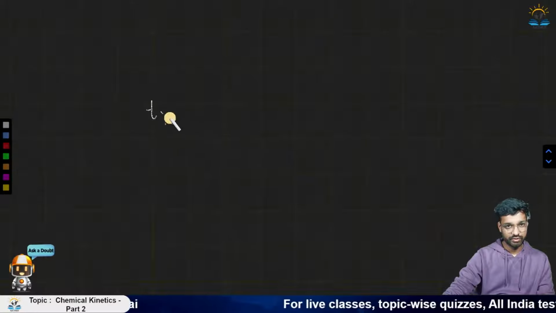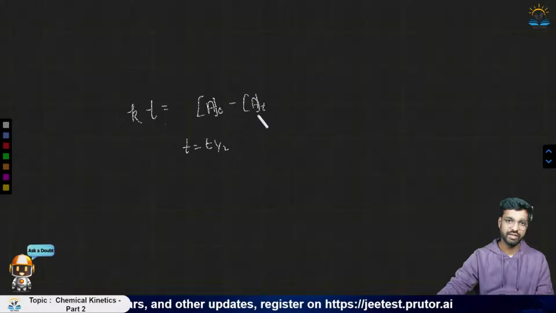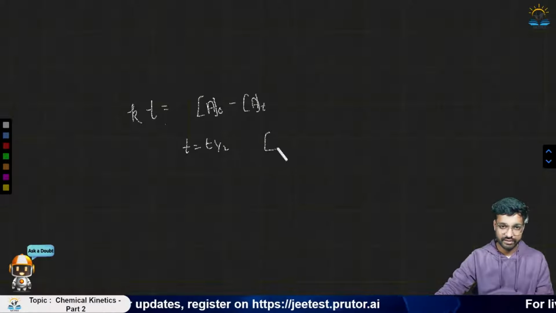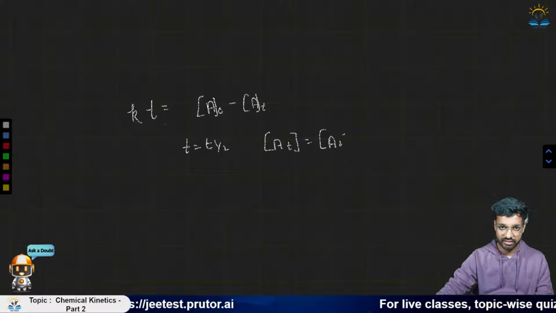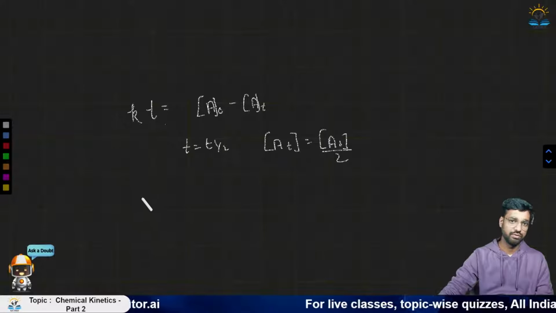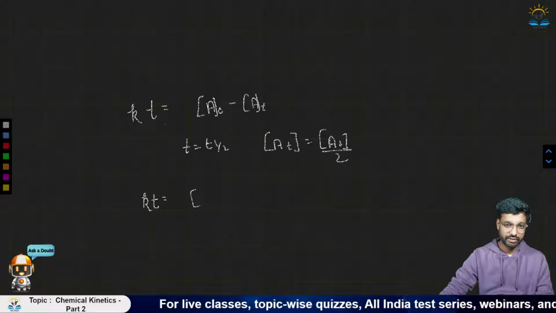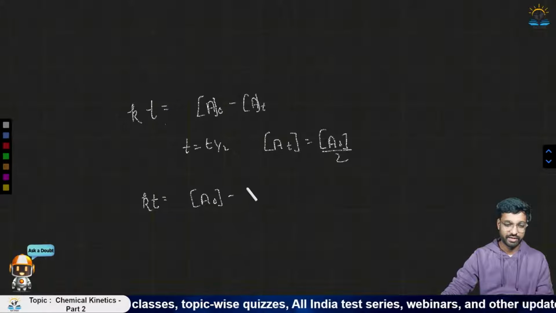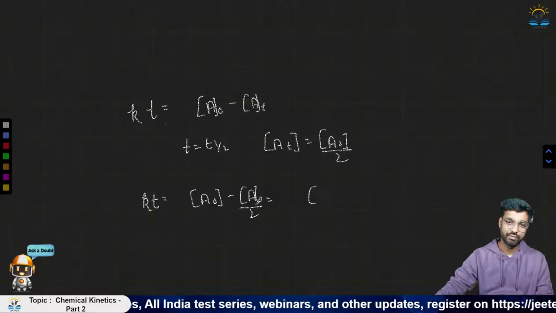Now if we have to find T equal to T half, then we are saying that the final concentration is equal to half of its initial concentration, that is A naught by 2. Further, this will be A naught minus A naught by 2, which will be A naught by 2.